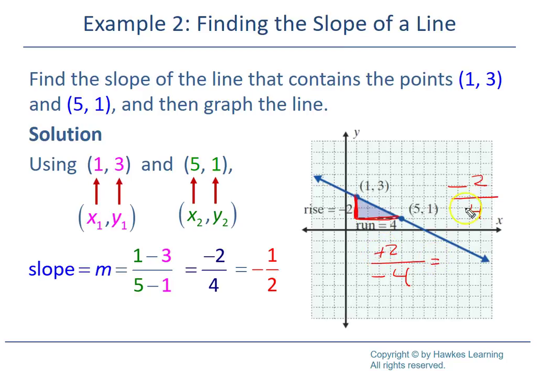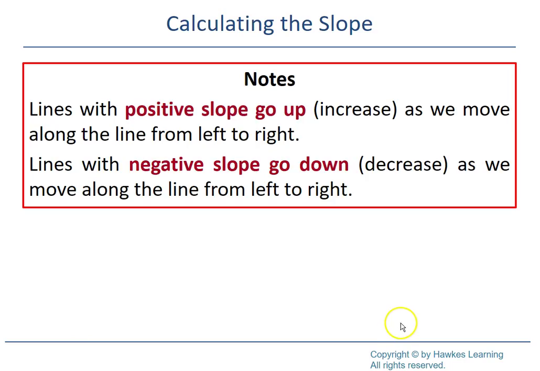But either way, it comes out to a negative 1/2. Only one negative makes it a negative slope. Starts high, and as you go to the right, goes down. And here they're giving us a note referring to what we've just illustrated.